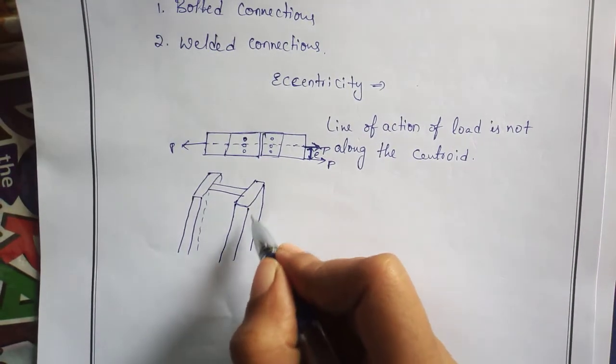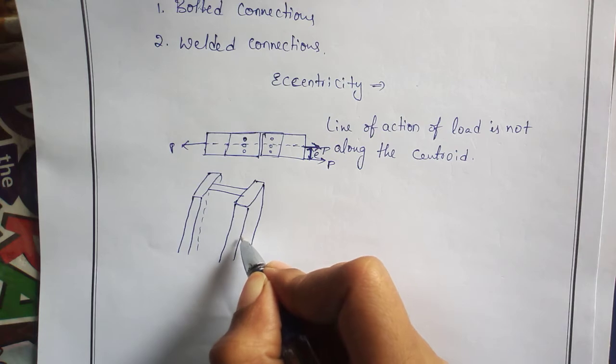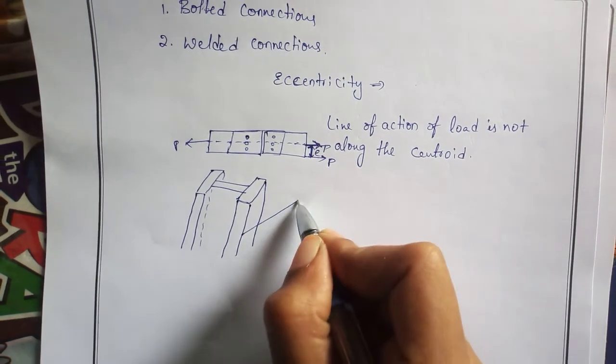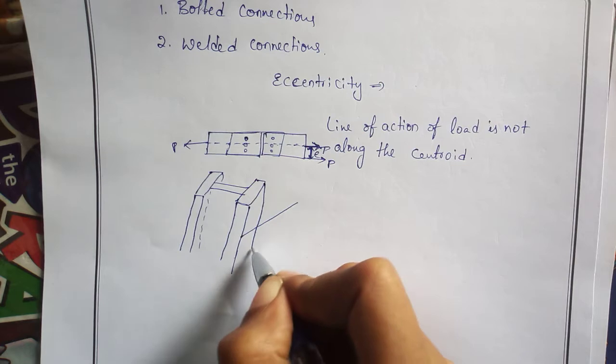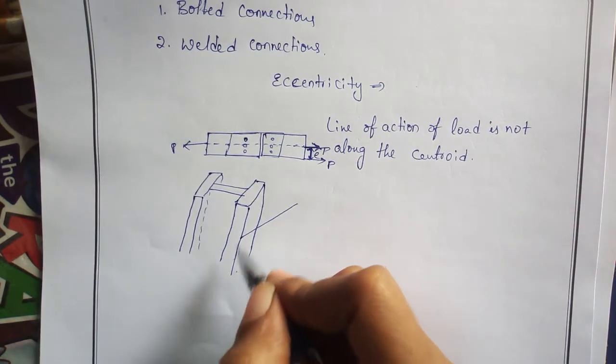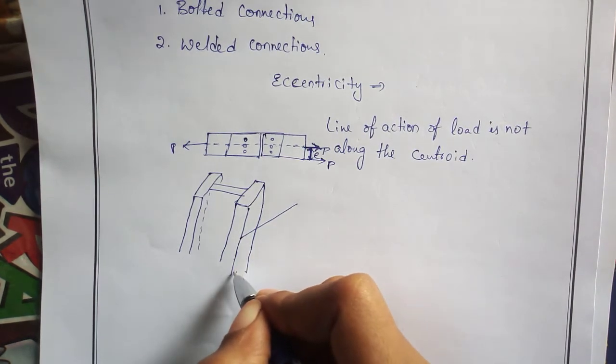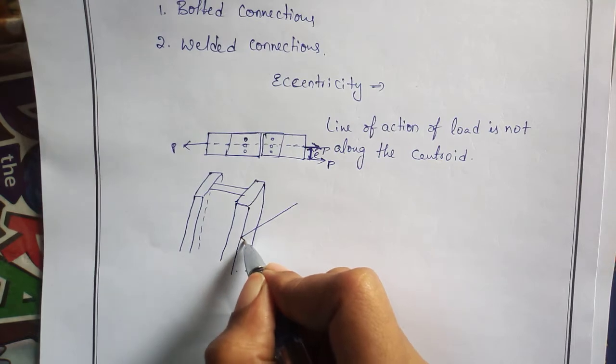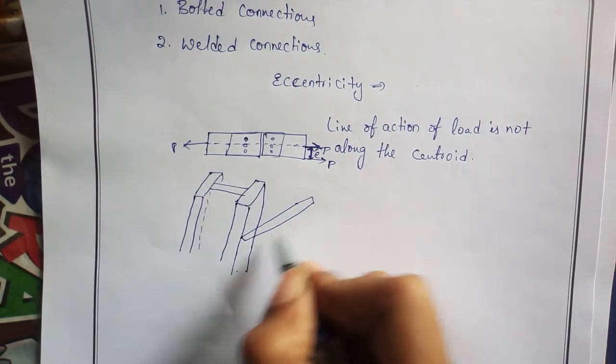In this case, this is the column and you are connecting some beam here. Just try to imagine this picture, and I am going to connect this with some plate.